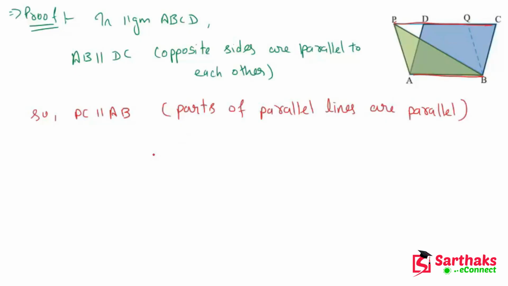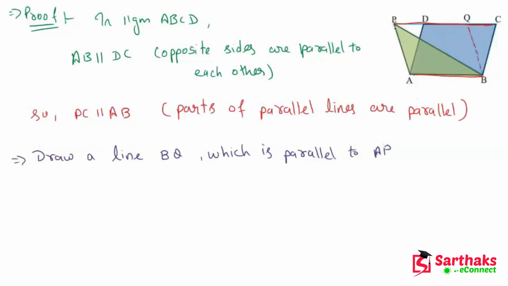Okay, got it. Now we have to draw a line BQ which is parallel to PA. So we write: draw a line BQ which is parallel to AP.